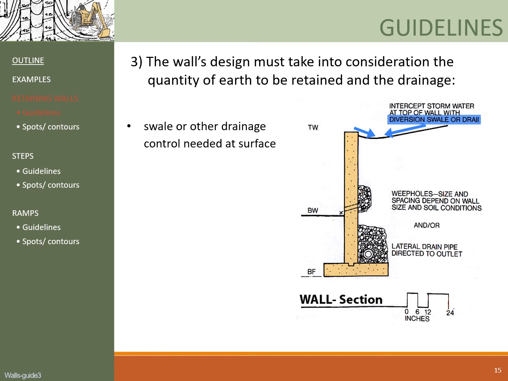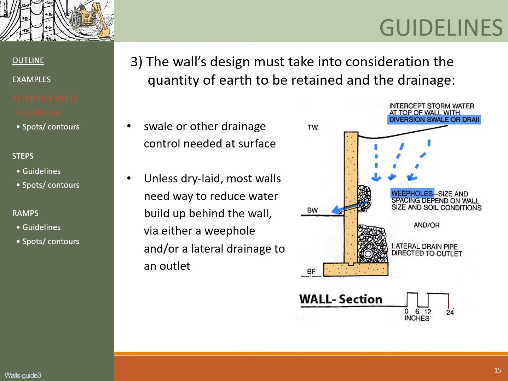Second, if the wall is not dry laid, meaning that mortar is used as the binding material for the wall, then ways to reduce water buildup behind the wall are needed at different locations on the wall.